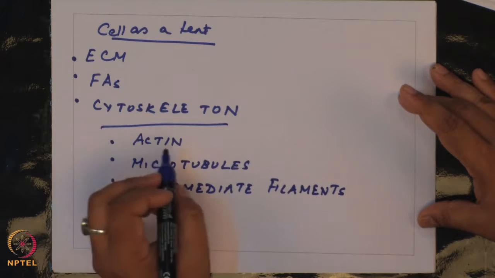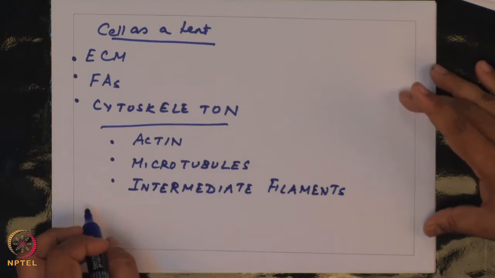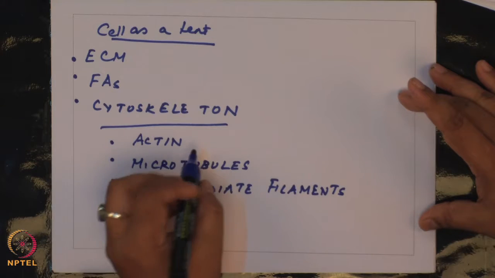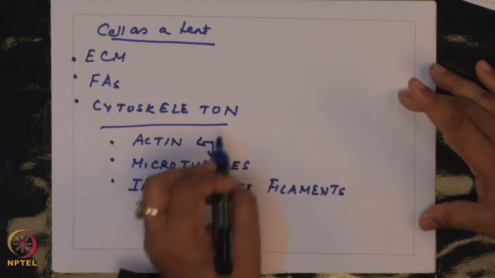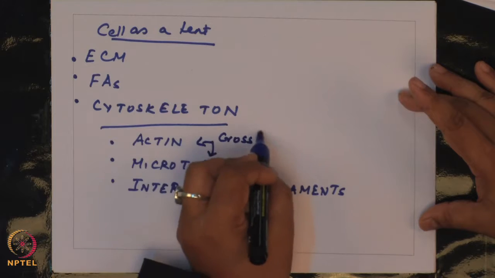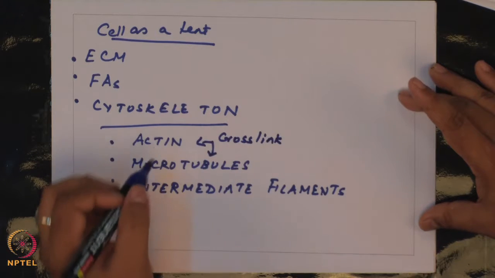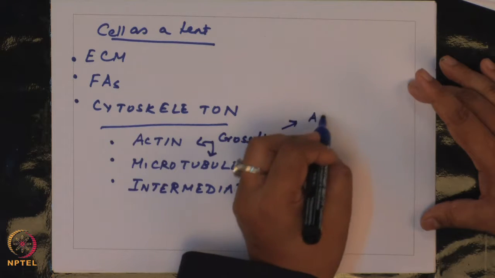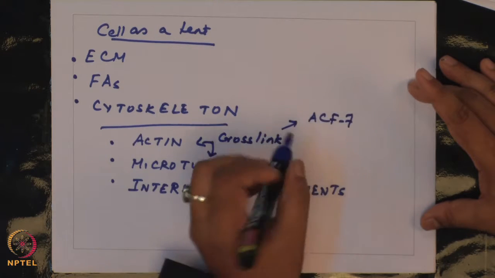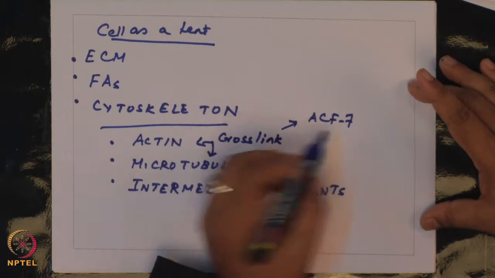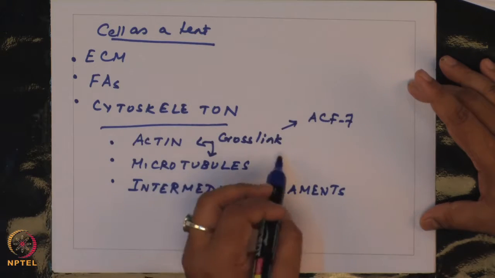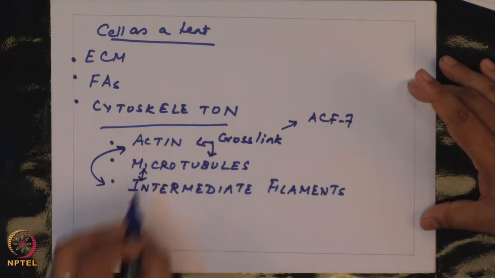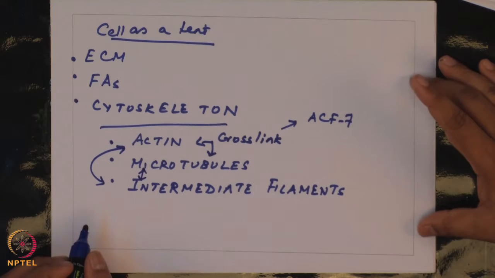Okay. So, today, the overall properties of the cytoskeleton. Though there are three different networks, there are proteins which cross-link or link actin and the microtubule cytoskeletal. One example is this protein called ACF7, or actin cross-linking factor 7. Similarly, you have proteins which link the actin to the intermediate filaments and the microtubules to the intermediate filaments.